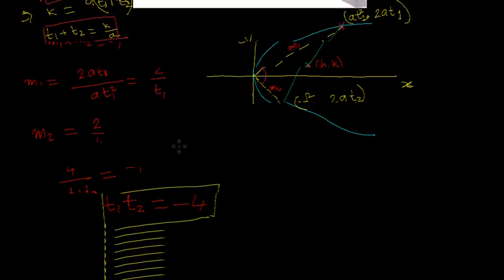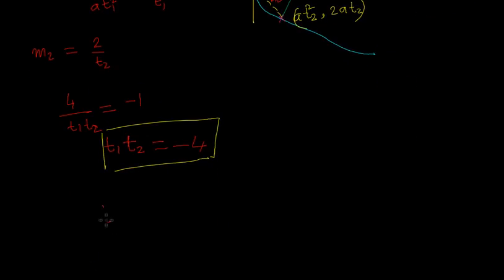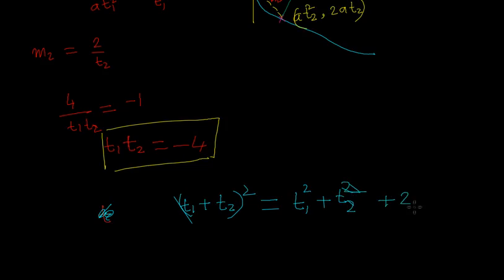Then t1 plus t2 whole square is the high school formula: t1 plus t2 whole square will be equal to t1 square plus t2 square plus 2 t1 t2.